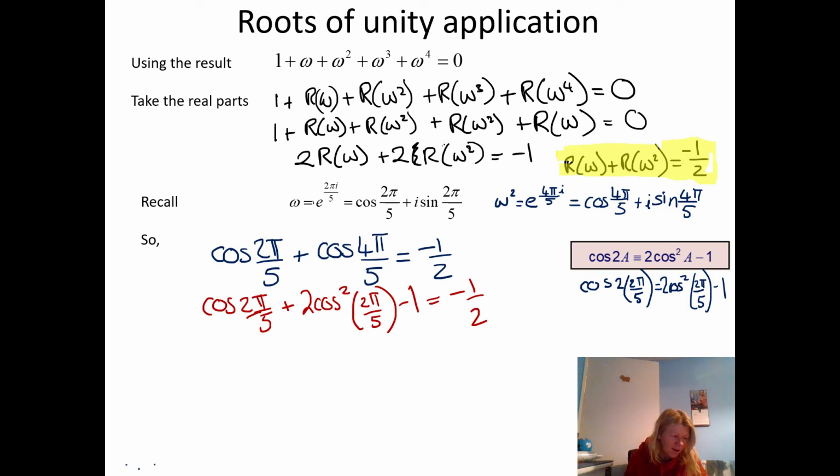I'll just write it neatly so you can see the quadratic in the form we might want to see it. So we'd have 2 cos squared 2 pi over 5 plus cos 2 pi over 5, and bringing it over here, plus a half, so it'd be minus a half, won't it?